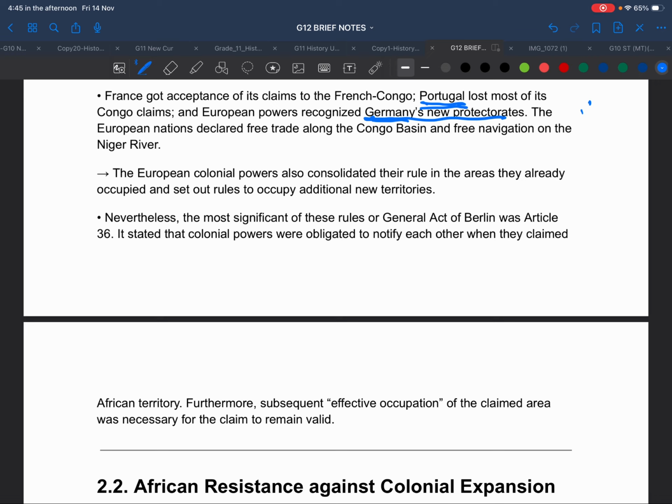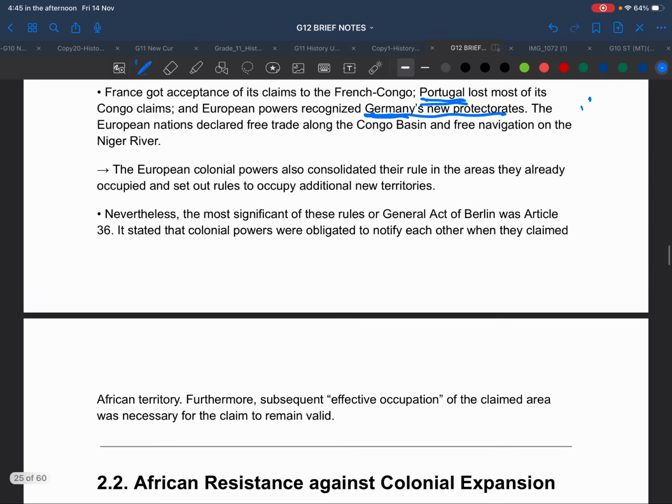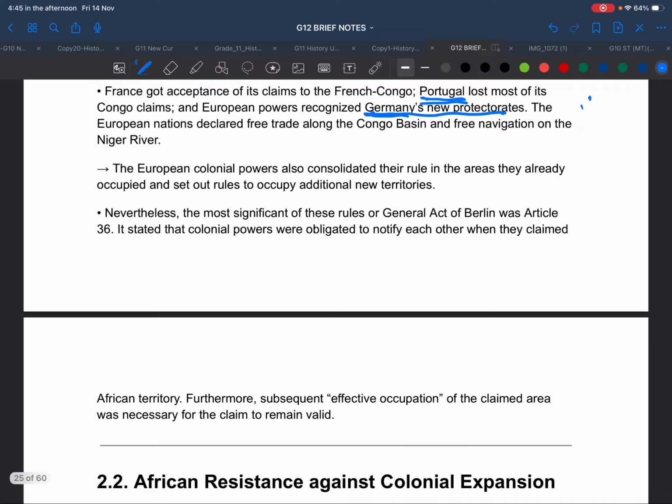The European nations declared free trade along the Congo Basin, as I said, and free navigation not only on the Congo River, but also the Niger River that had fallen into the hands of the French. The French here allowed the Niger River to be navigated freely by anyone among the European navigators.